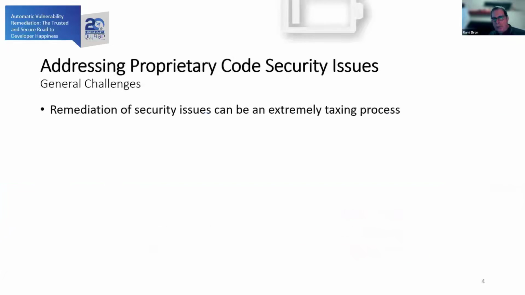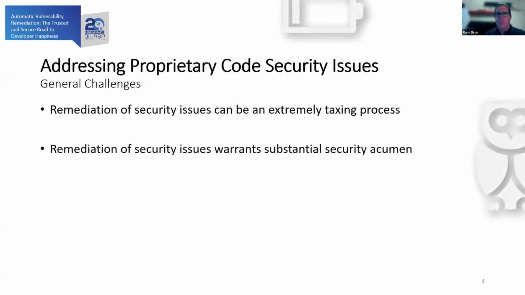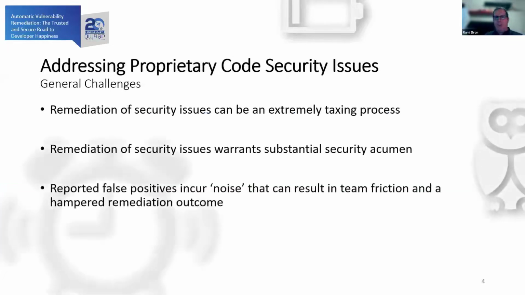So what are the key challenges that one could associate with remediation in general? I think that one could highlight them as being three main issues: scale, knowledge, and clarity, or perhaps lack thereof. With regard to the first item here, one of the items that pops to mind has to do with the fact that there is a discrepancy between the bandwidth associated with development compared to that of AppSec.